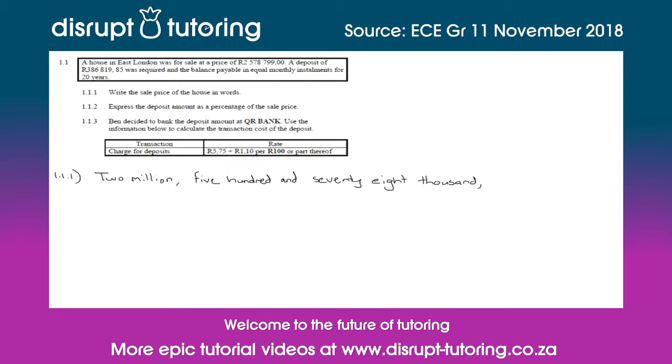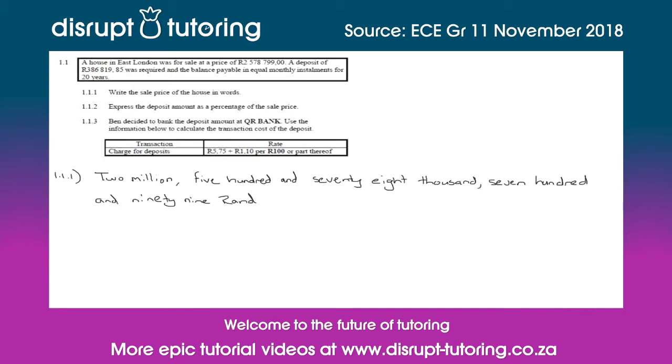So 700 and 99, and then what's really important is to put the units, which in this case is rand.